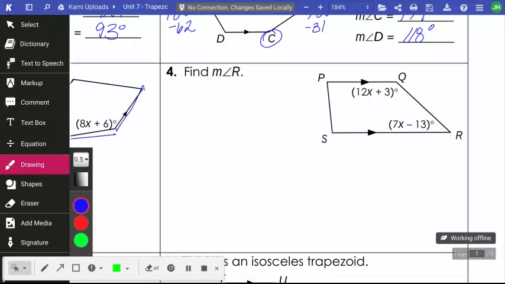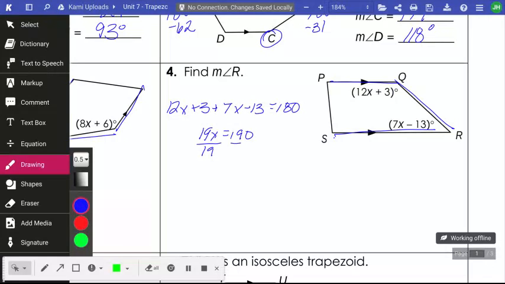So if you look here, I have these two parallel lines. These two angles are going to be my consecutive interior angles for Q and R, and I know those two add to 180 degrees. So I'll set my two angles equal to 180 degrees. I will combine like terms, and subtract the 3 and add the 13 to the right, so that I will have 19x is equal to 190.